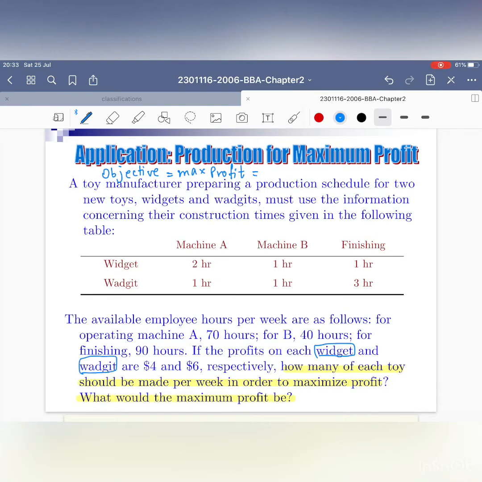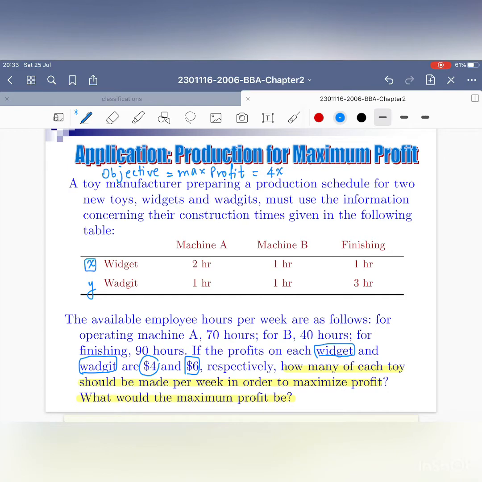Let us say that we produce your first product for X units and your second product for Y units. One unit of your first product gives you $4 profit, so if you produce X units, you have 4X as your profit.